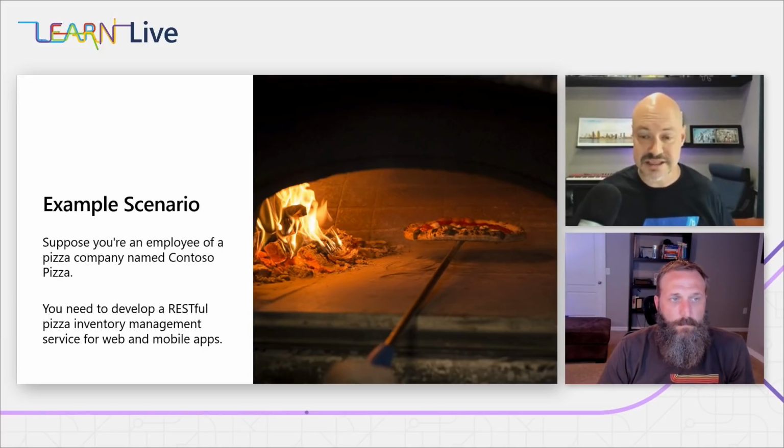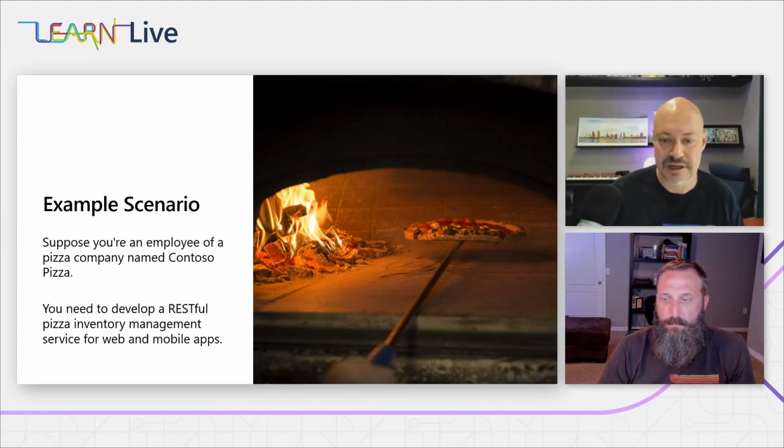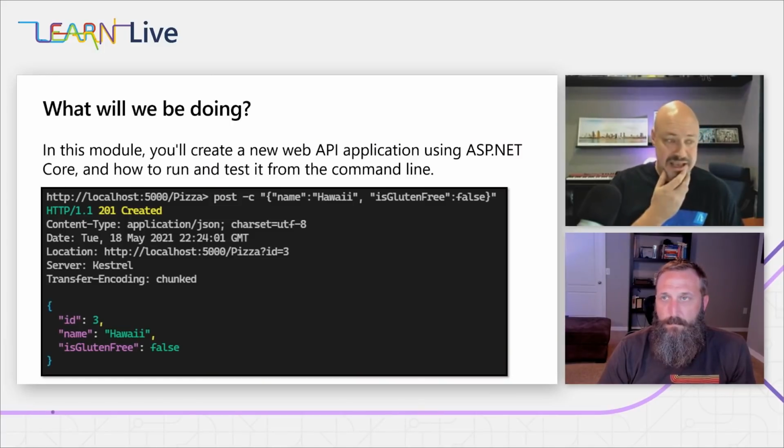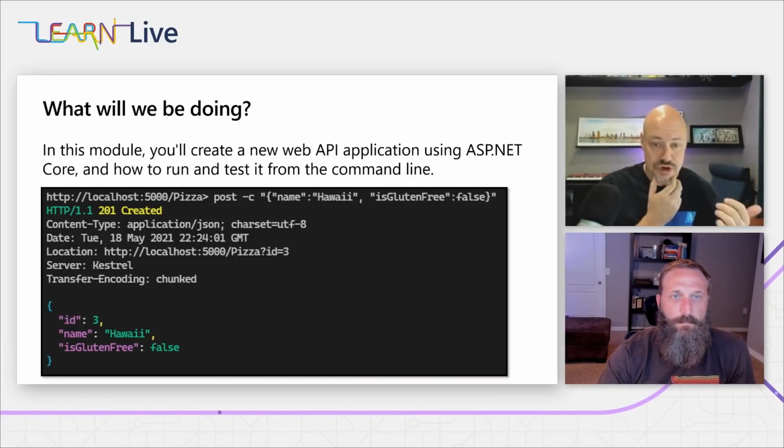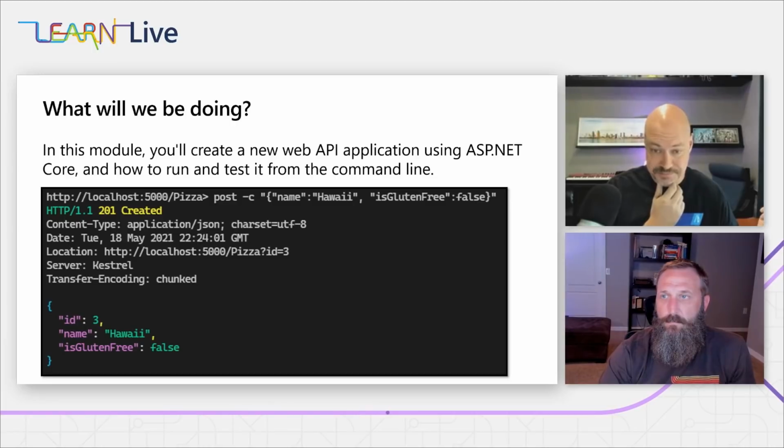So it's not just the website that you're powering; you're powering the entire operation here. Specifically, we'll create a new API application, and then we will test it and do all the things from the command line.